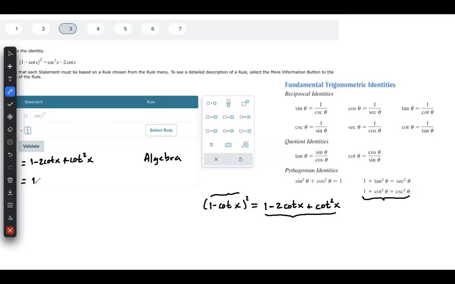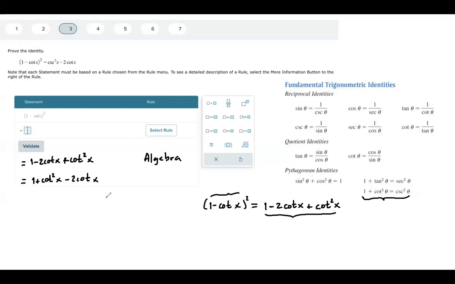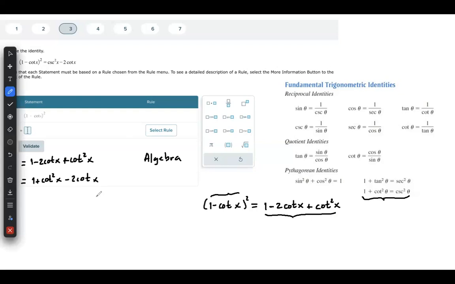So I'm going to write it as 1 plus cotangent squared of x, minus 2 times the cotangent of x. That did not change anything. It's just algebra once again, and I rewrote the order.